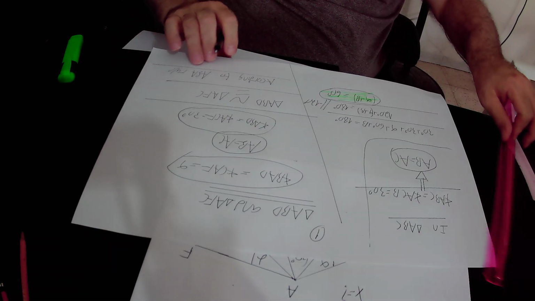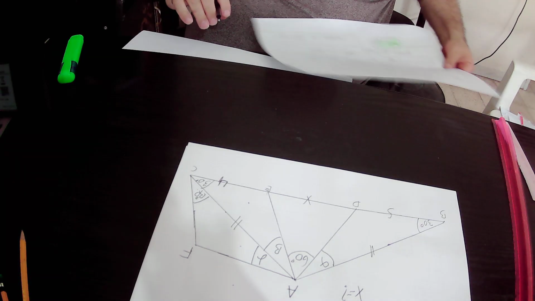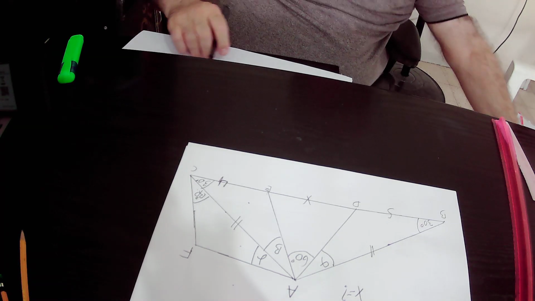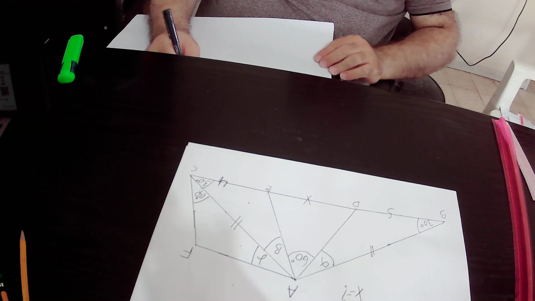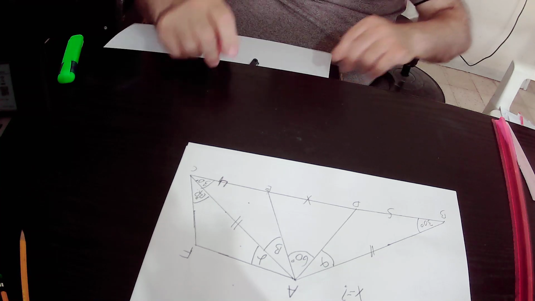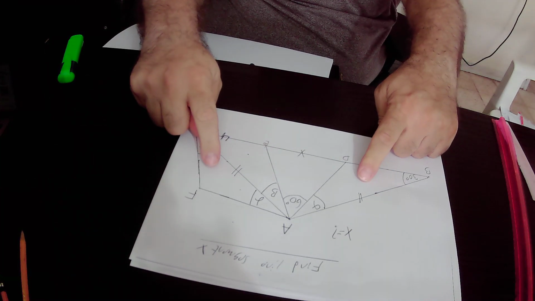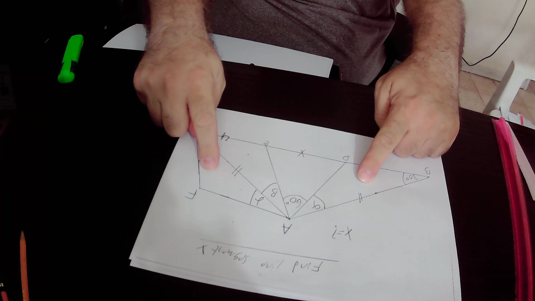I'll explain what I mean. We actually proved that those two triangles can go into each other according to the angle side angle rule.